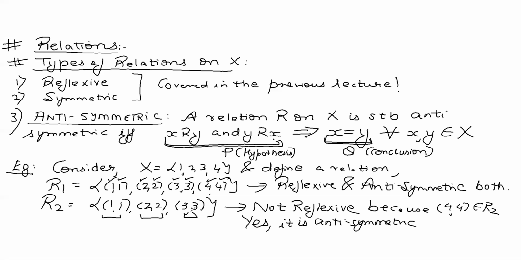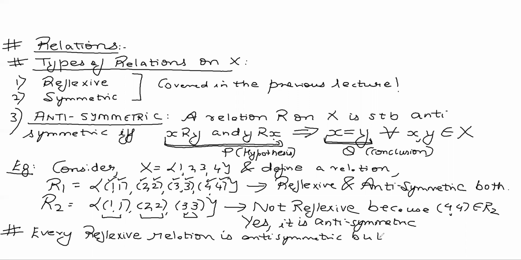So what have you understood? Every reflexive relation will be antisymmetric, but every antisymmetric relation may not be reflexive. This is what we have learned.